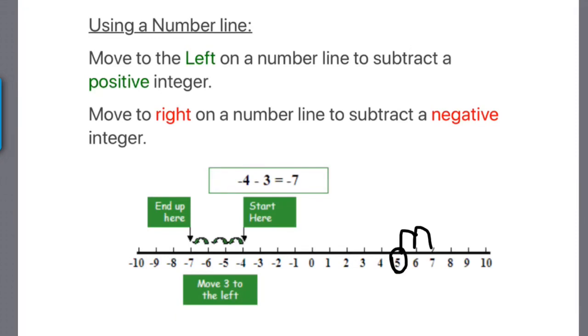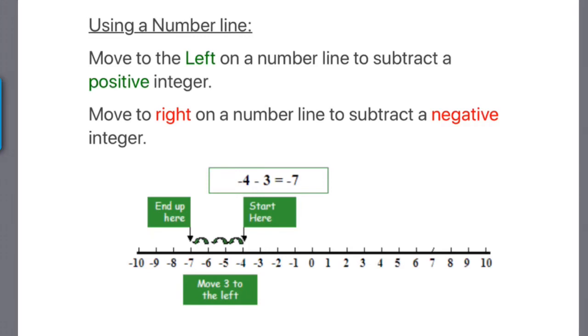But when you add negative numbers in there is when it gets a little bit more complicated. When you subtract a positive, you move to the left, but when you subtract a negative, you are actually going to move to the right.